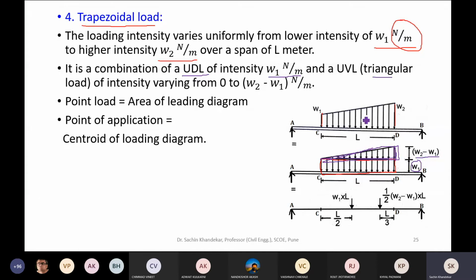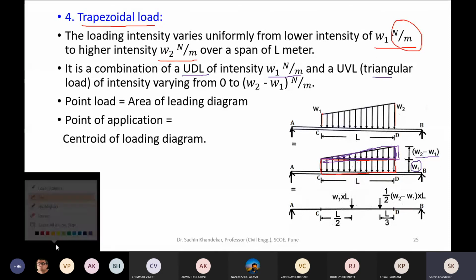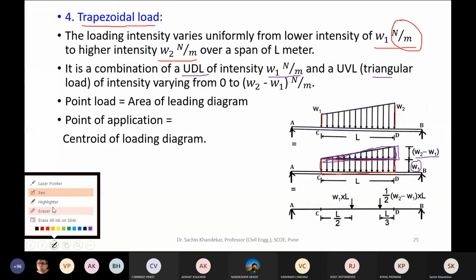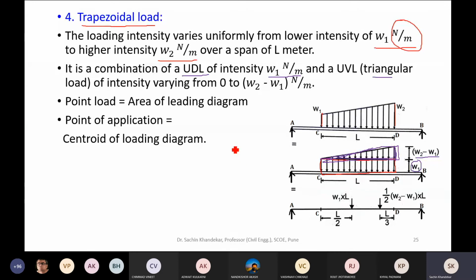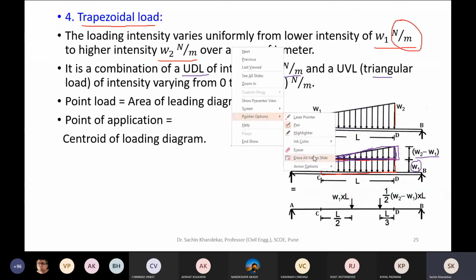Again, these two concentrated loads will act through the center of gravity of the respective area. Now you already know how to find the center of gravity of the triangle and of the rectangle. Let me clear the screen.